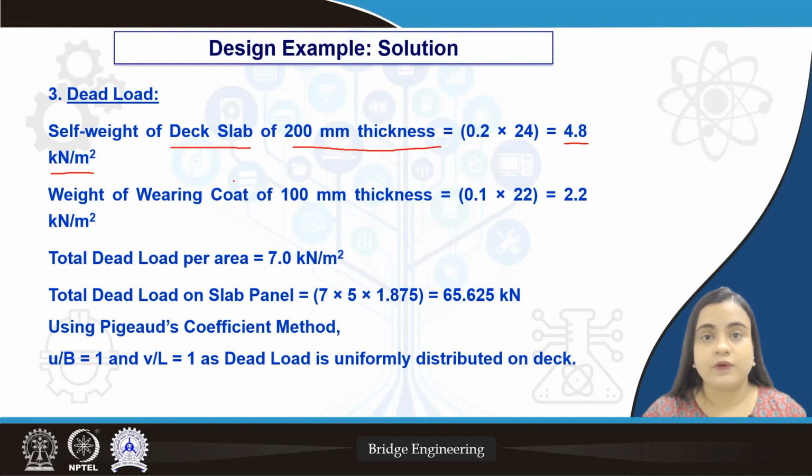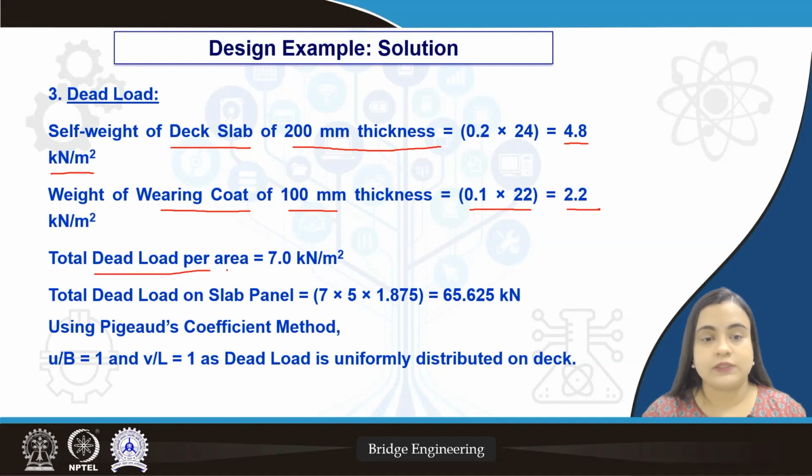Here 24 kilonewton per meter cube is considered to be the unit weight of reinforced concrete. Next, the self weight of the wearing coat of 100 millimeter thickness can be calculated as 0.1 times 22, that equals 2.2 kilonewton per meter square. Here 22 kilonewton per meter cube is considered to be the unit weight of the wearing coat material.